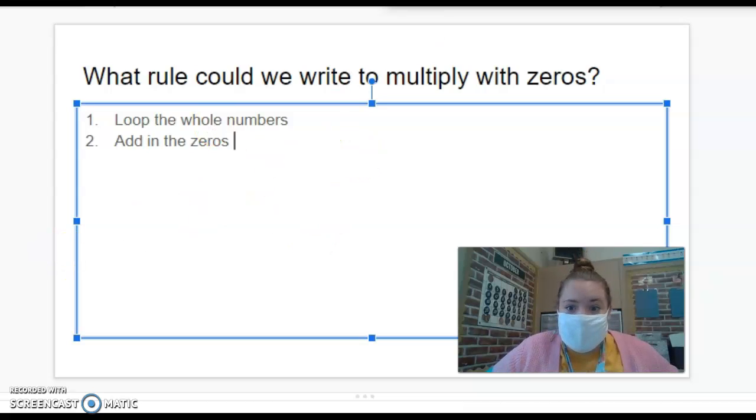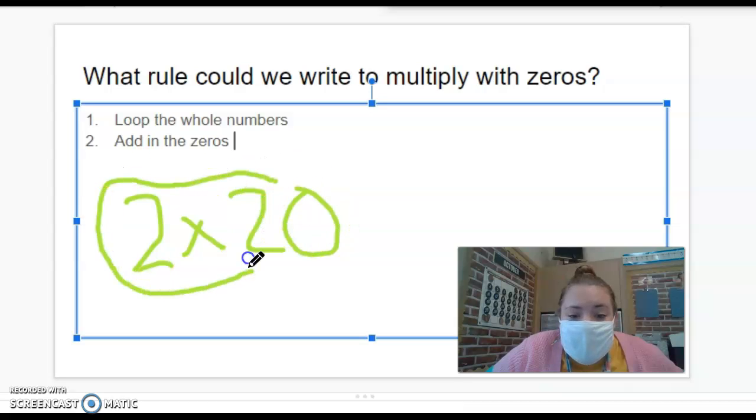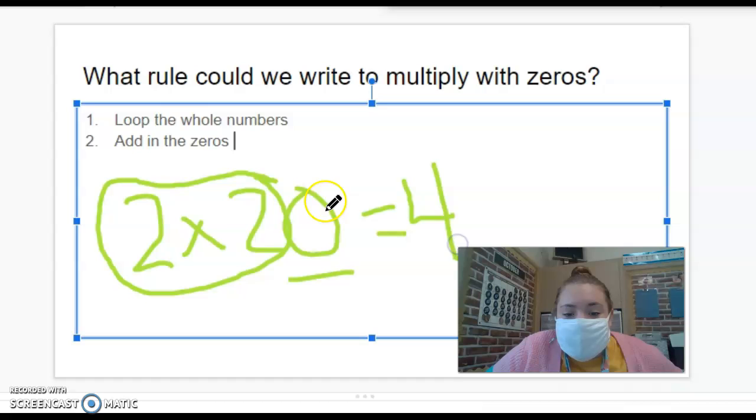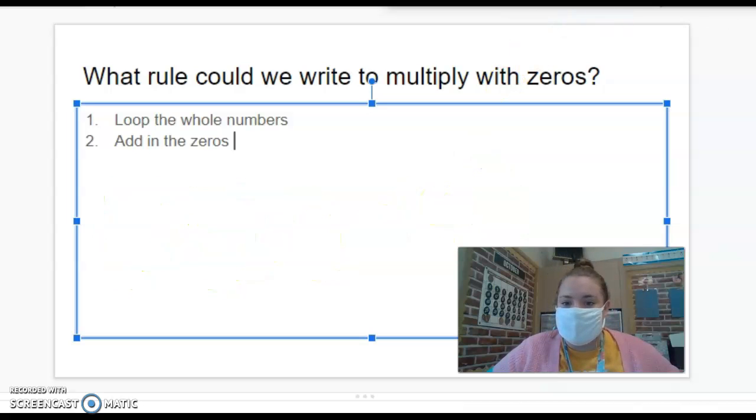So if we had, let's say, 2 times 20, we would loop the whole numbers and then add in the zeros. So what's 2 times 2? 4. Add in the 0, 40. Because that is 2 times 2 tens, which would give us 4 tens, or 40. Isn't that a pretty cool little trick?